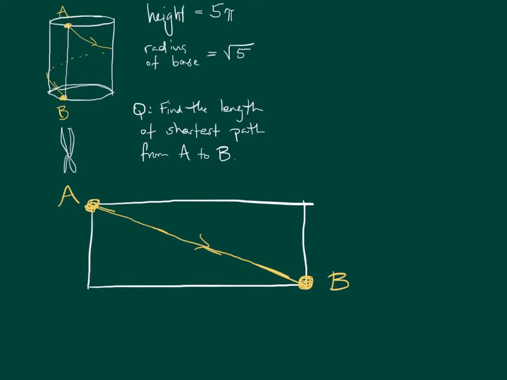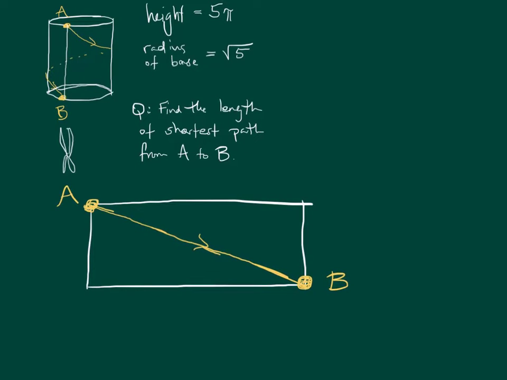If I was thinking about the surface area, I would want the length of the bottom of the rectangle and the height. And they tell us the height. The height is 5 pi. So the question is, what is the length of the bottom?